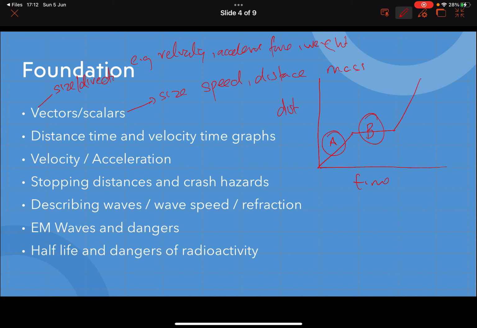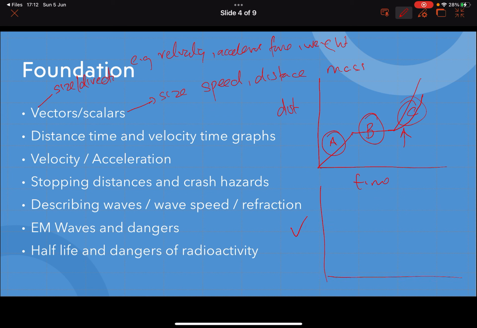Part B means you are stationary, you have stopped. Part C means you are on the move again. And if your distance time graph curves up a bit, that means it's accelerating, or you are going faster. The gradient of the line on a distance time graph will give you speed.